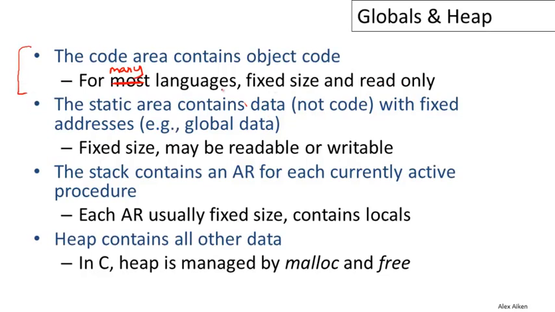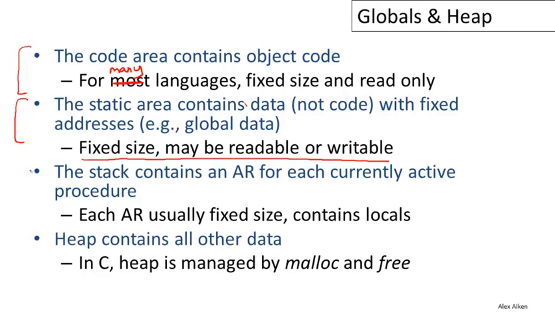It should say that there are many languages also where this is not true, and code can be dynamically created at runtime. The static area would contain data with fixed addresses, and this would be things like global variables. And this is also typically fixed size, but it may be readable and writable, as opposed to the code, which you generally don't want to be able to write.